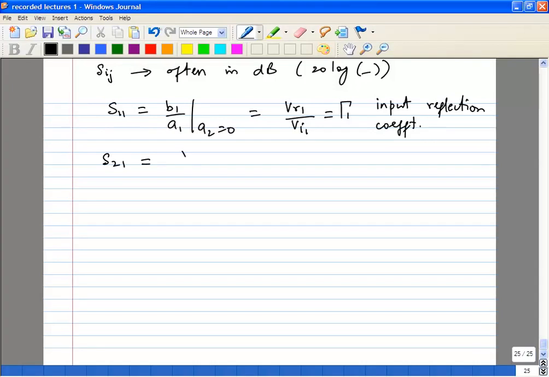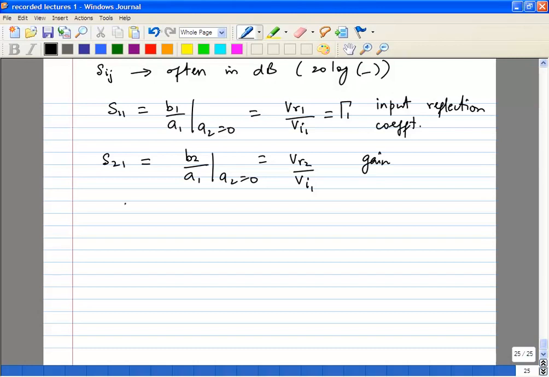S21 is B2 over A1 when A2 is 0, which is VR2 over VI1. So what does this mean? There is an incident wave at the input, and the reflected wave at the output when a wave Vi1 is incident at the input is called S21, and this obviously stands for the gain of the 2-port.